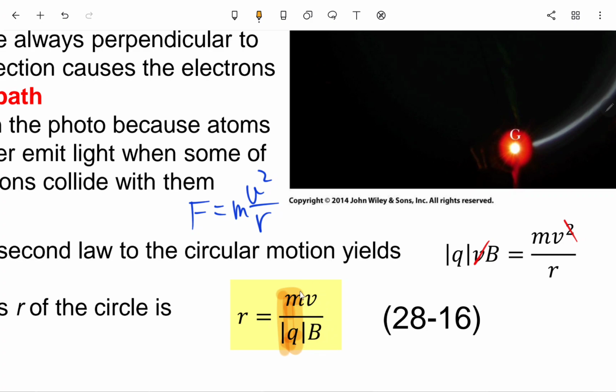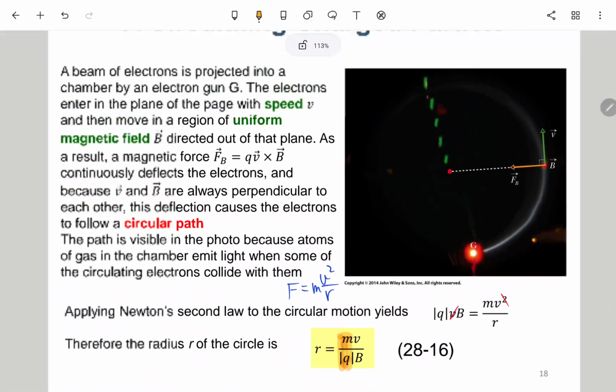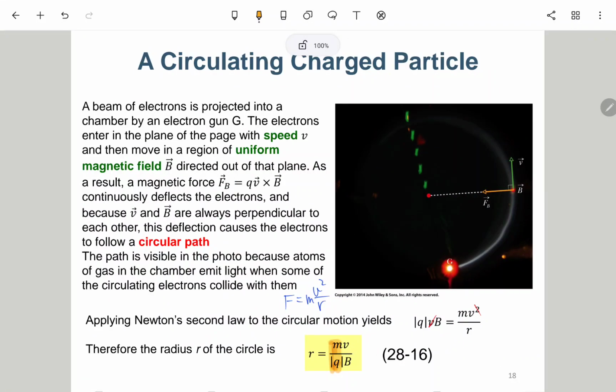R is proportional to the velocity, and R is inversely proportional to the B field. We will use this slightly later in this chapter to explain the mechanism of the particle accelerator.